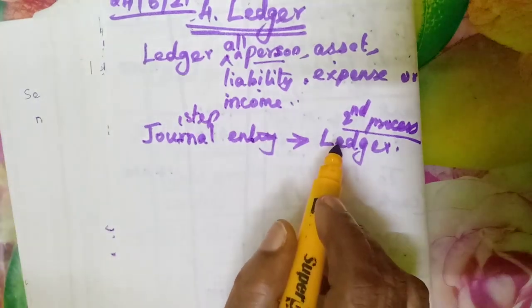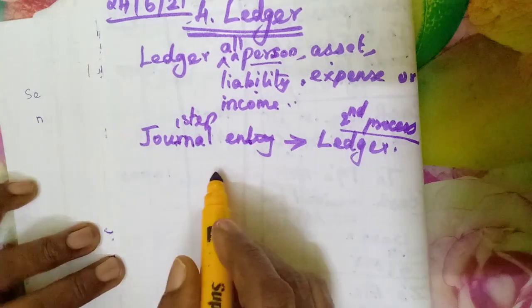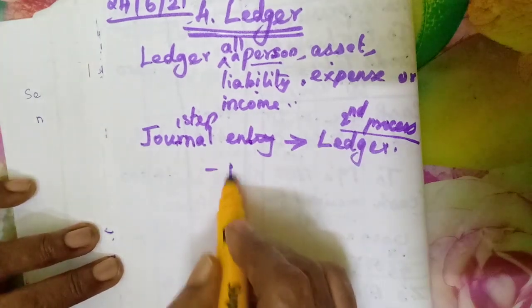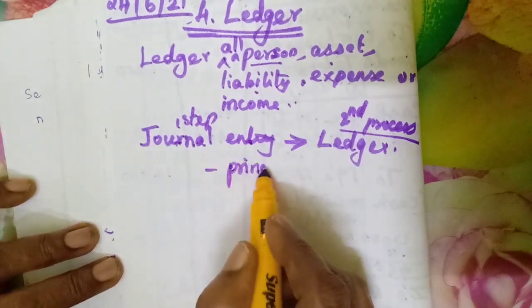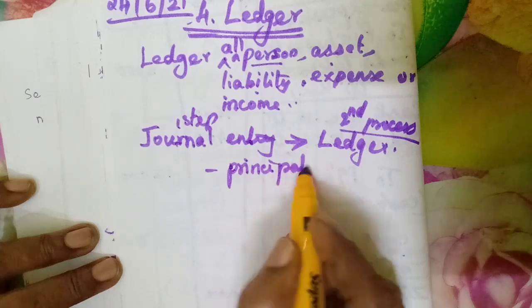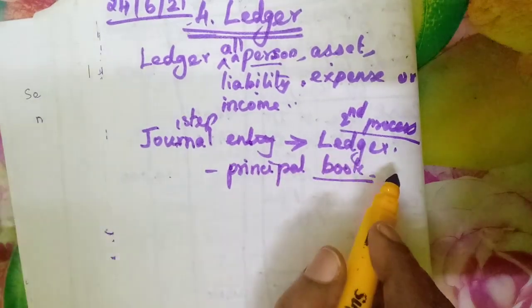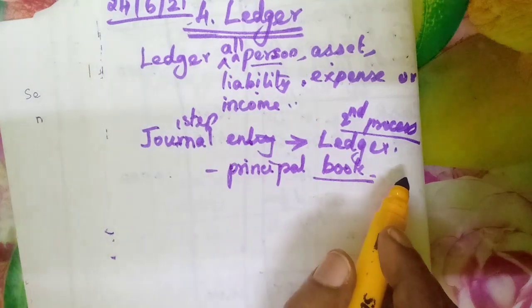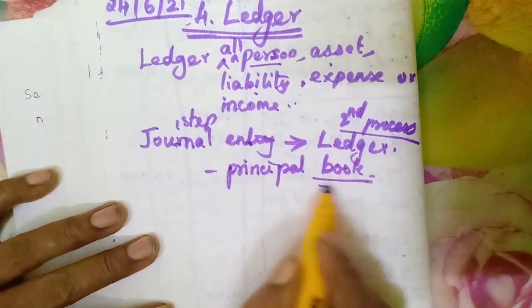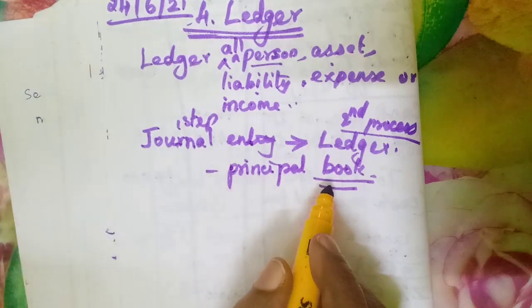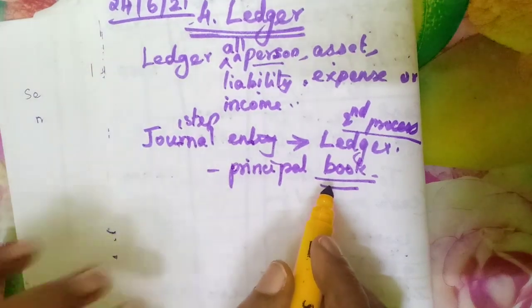So we can say this ledger is the principal book of accounts. It is called the principal book of accounts. It is like a bound book, a big book, which contains all sets of accounts.